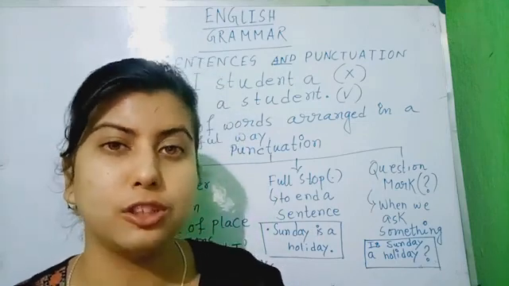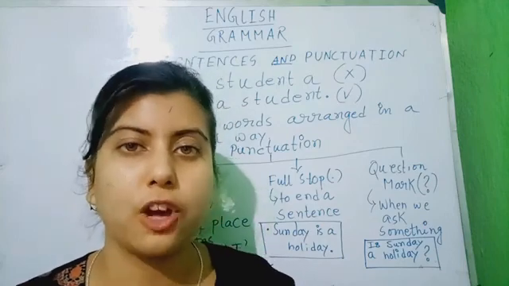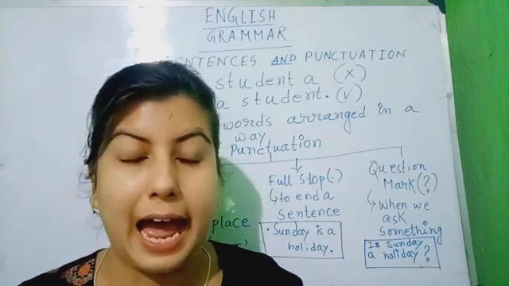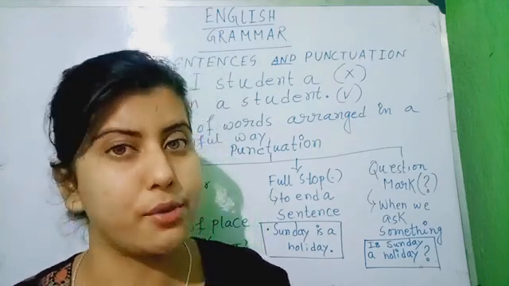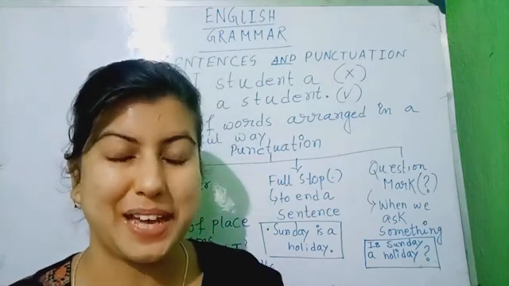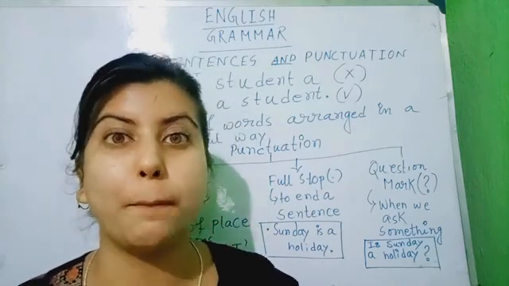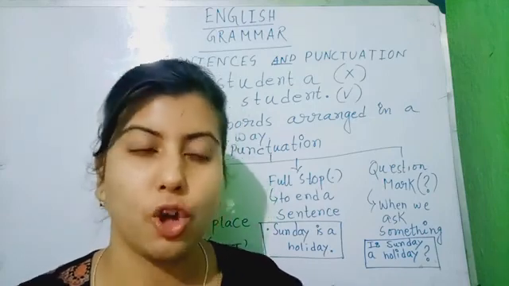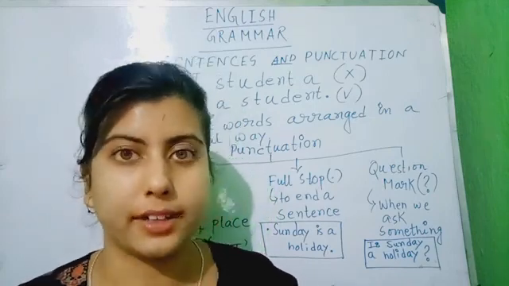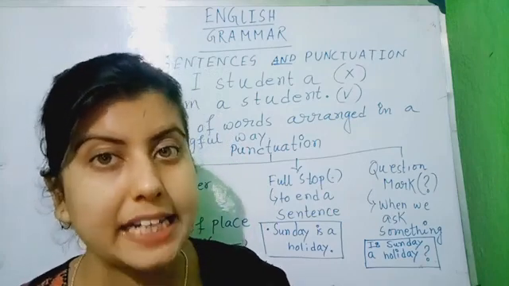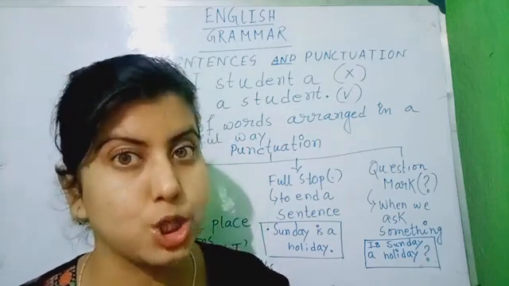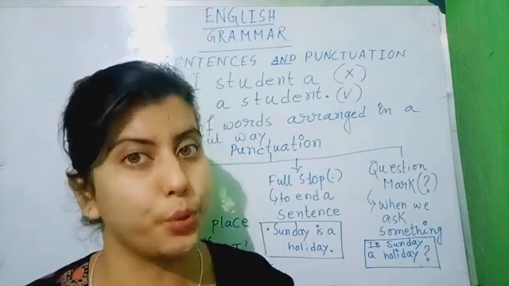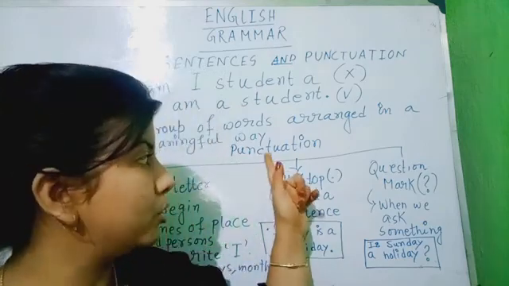So let's look at the rules of punctuation as they are very important. If you do not follow punctuation, then your sentences will be incorrect. So to write correct English, we need to know about punctuation.